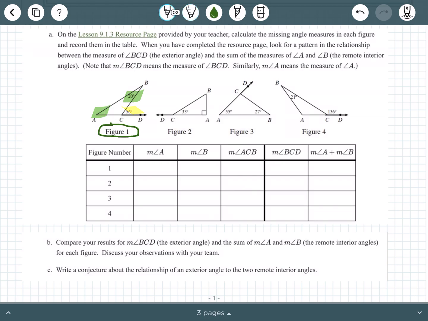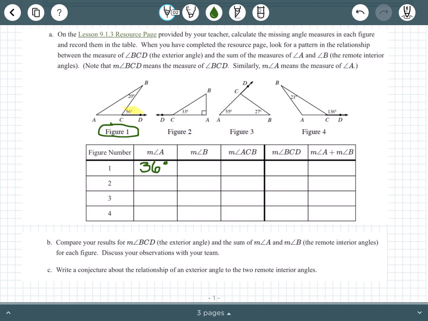The one right next to it, this angle here, cannot be. It has to be the ones opposite. So what plus 20 would give me 56? Well, 36. 36 degrees.